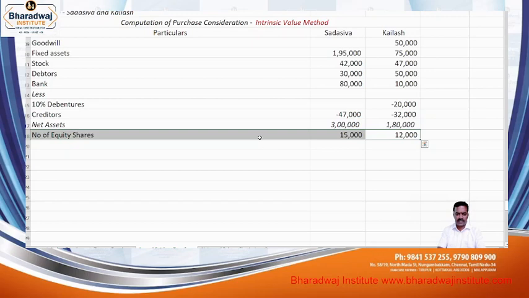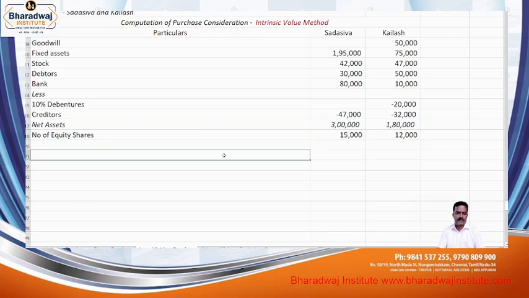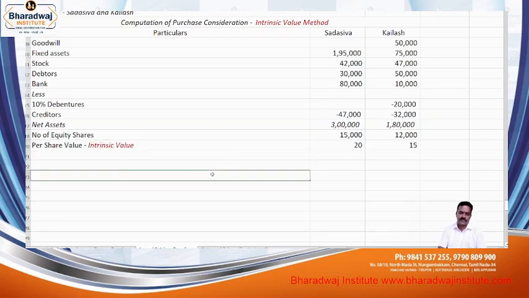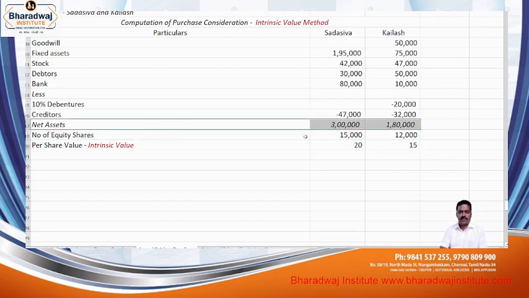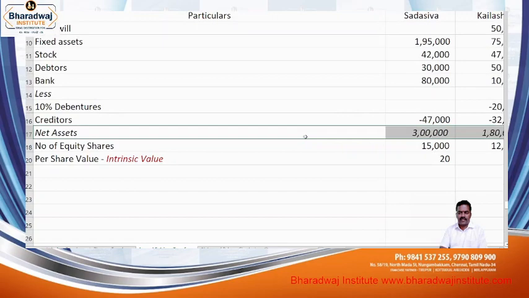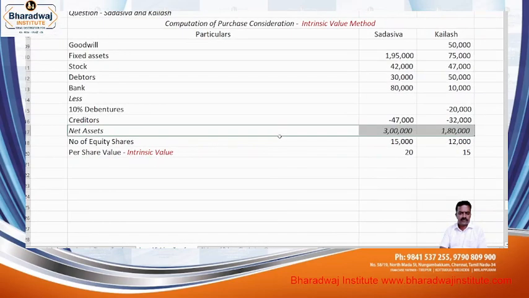Net assets divided by number of equity shares, we call it intrinsic value. Net asset value per share, we call it intrinsic value. Net assets are 3 lakhs and 1,80,000. That divided by number of shares gives us intrinsic value.